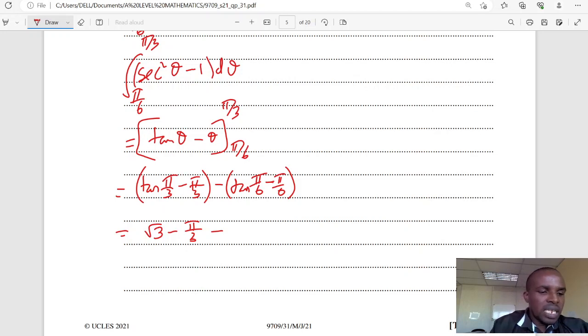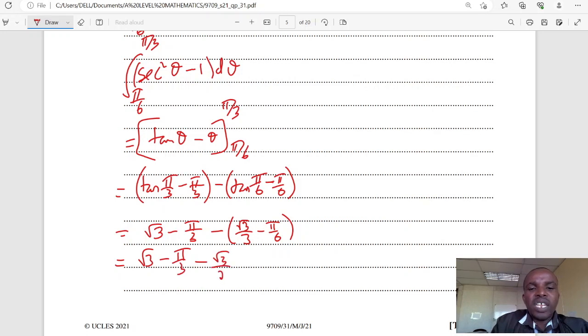It is 30 degrees. So tan 30, what do you get? You get root 3 over 3. Then minus pi over 6. Let me remove the bracket. Minus pi over 3. Then minus root 3 over 3. Then plus pi over 6.